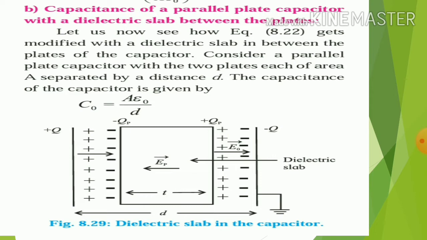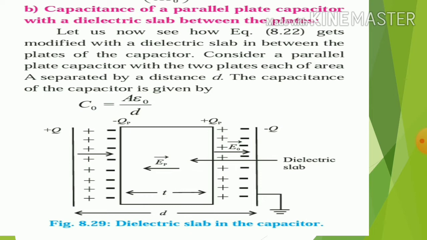So on the inner surface of the second plate, minus charges are induced. Then the outer surface of the second plate is earthed or grounded.